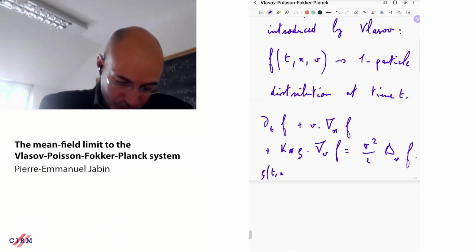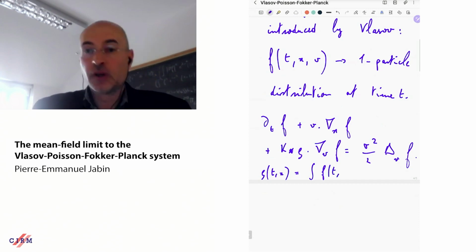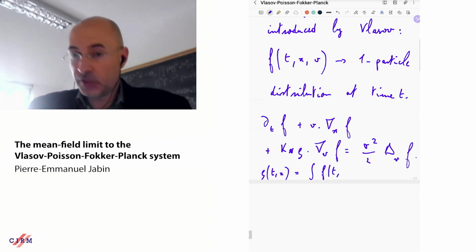And where rho of t, x is just the one-particle distribution, but only in position.